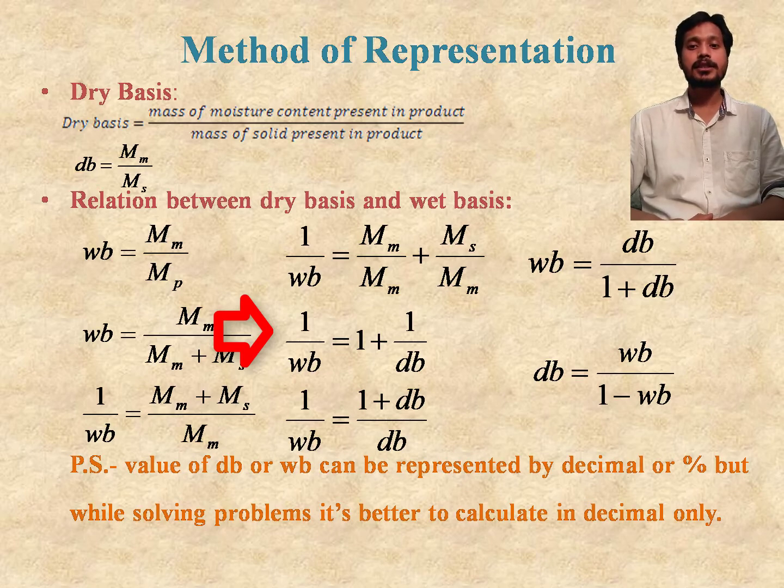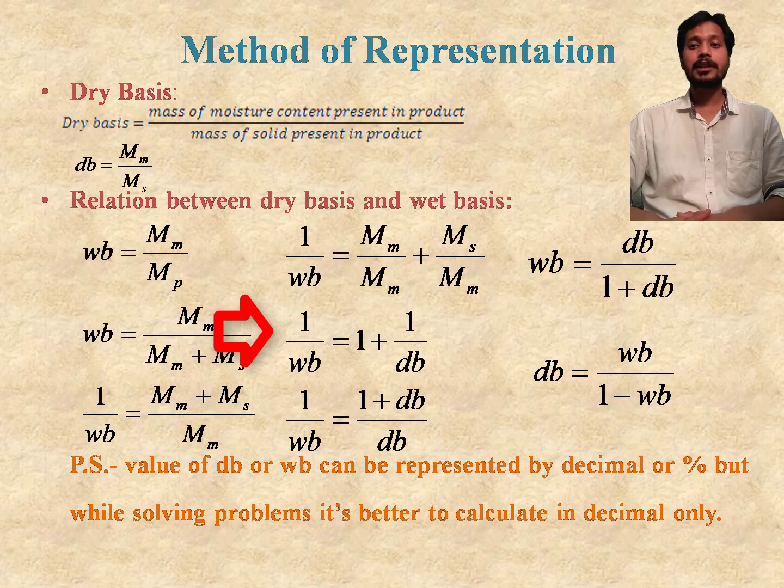Now we look at the second term on the right hand side. It's ms by mm, that means mass of solid by mass of moisture. But the dry basis formula is mass of moisture by mass of solid. So this ms by mm term I can write as 1 by dB.